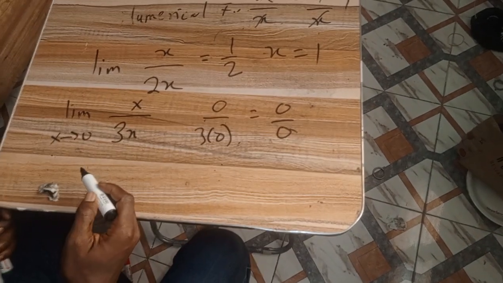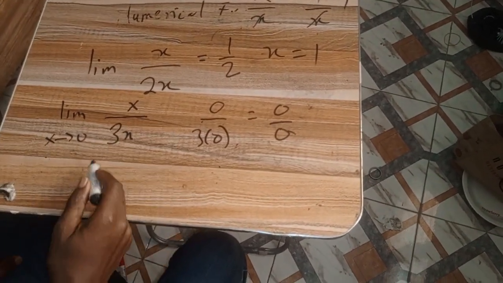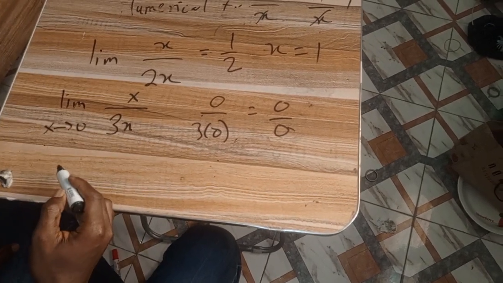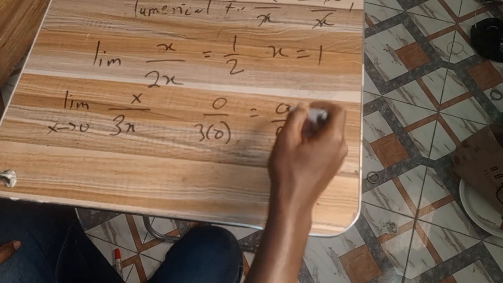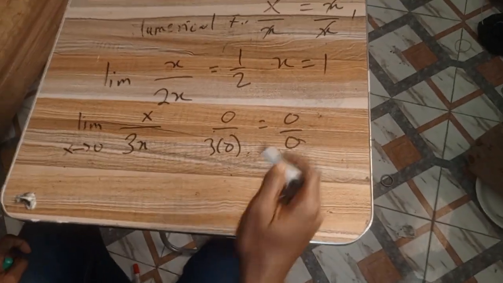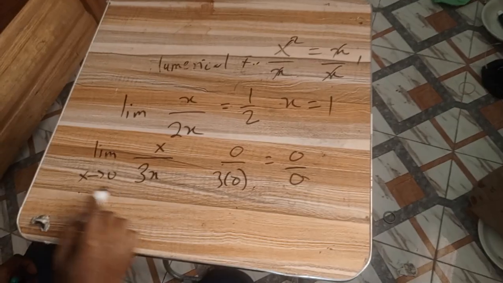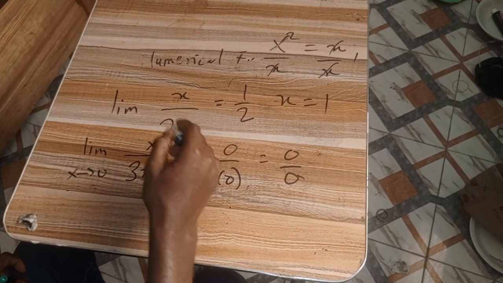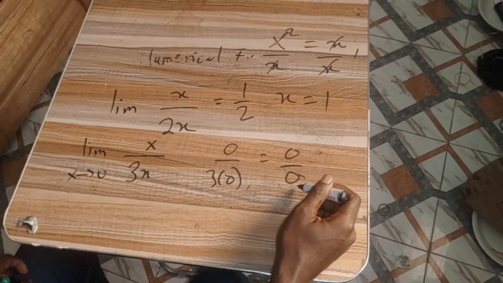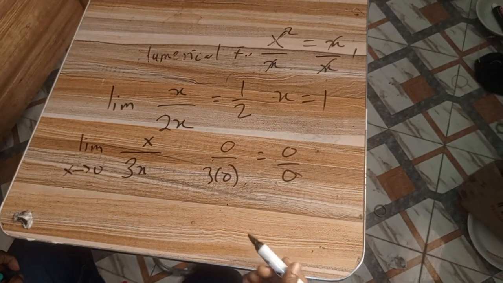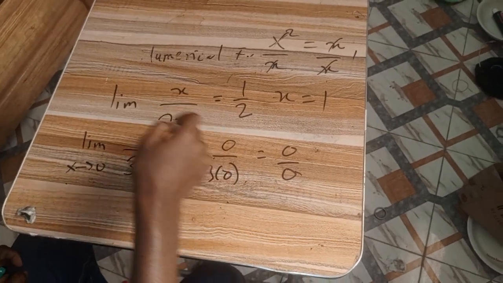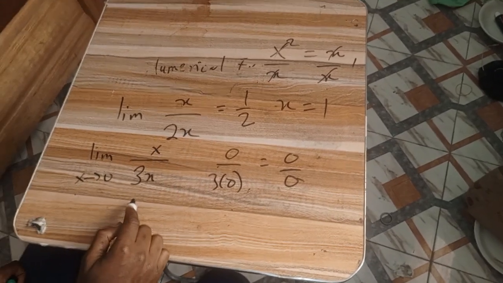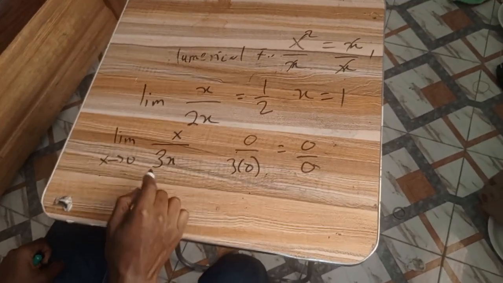But this function x over 3x actually approaches 1/3, 1 over 3, as x approaches 0. So what we are saying when we say that 0 over 0 is an indeterminate form is that you cannot use this expression to determine this limit, because there are many expressions that will lead you to the 0 over 0. And all those expressions don't have the same limit. The x over 2x has the limit 1/2 as x approaches 0. The x over 3x has the limit 1/3 as x approaches 0.